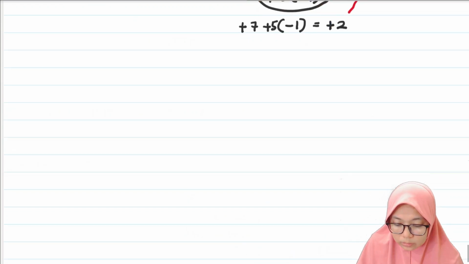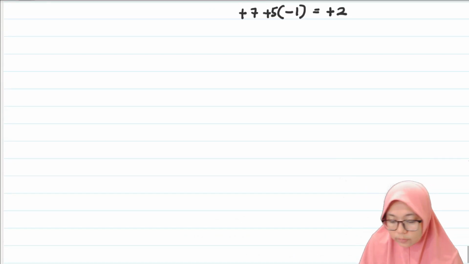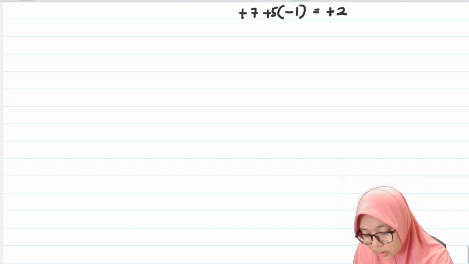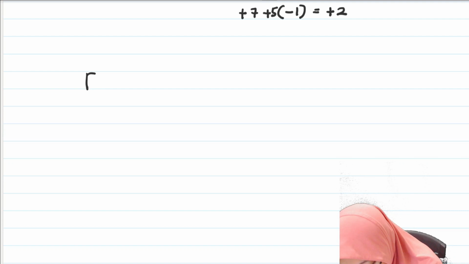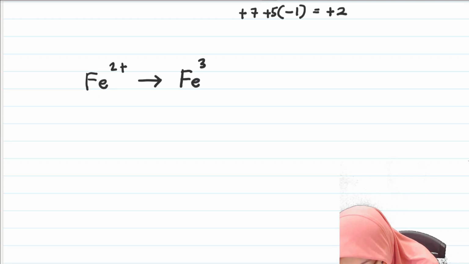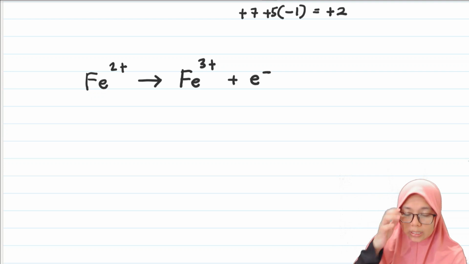Now let me write again both half equations for the reaction. Just now we have iron 2 plus changing to iron 3 plus, and the ion releases 1 electron.